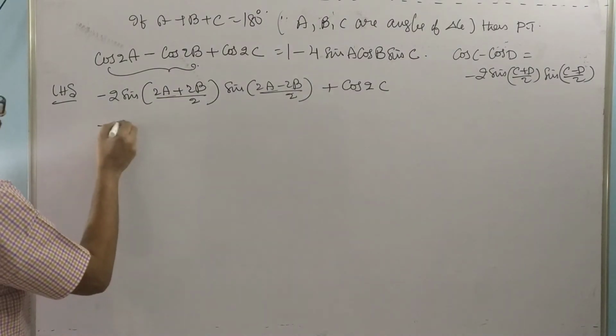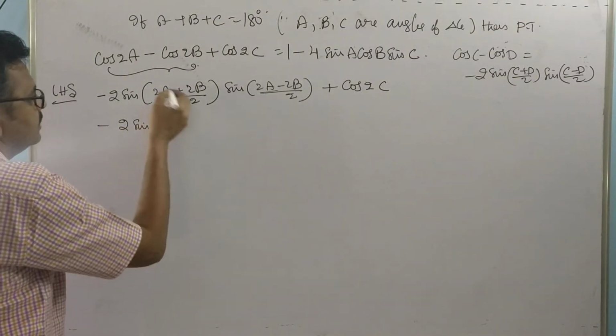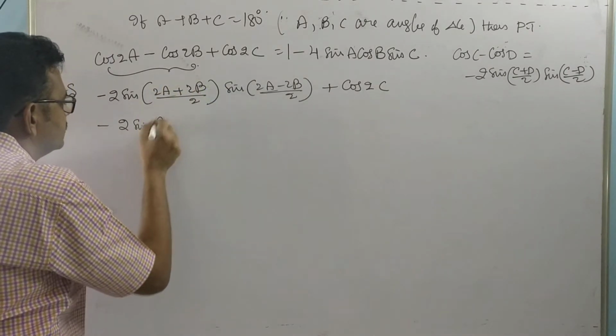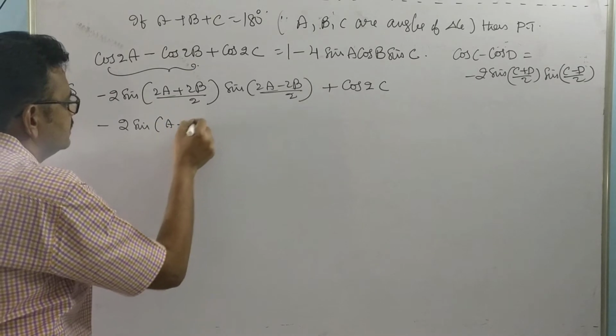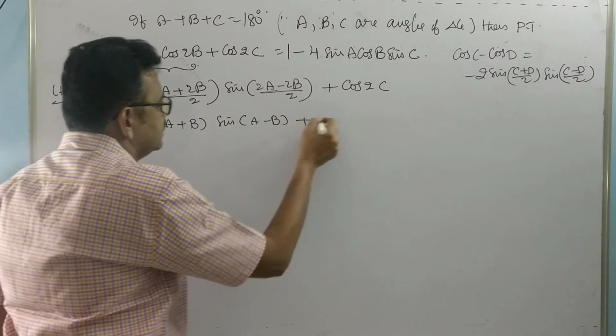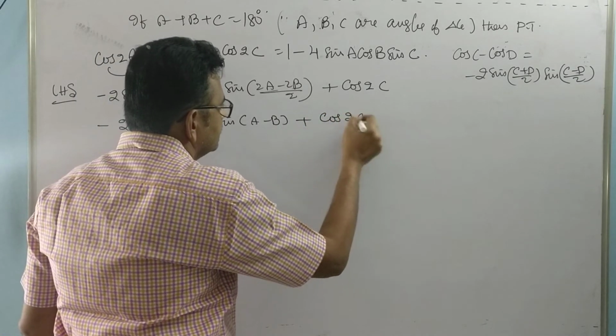So this is minus 2 sin, 2 is taken common, (A plus B) by 2 into... so this is A plus B. This is sin of A minus B plus cos 2C.